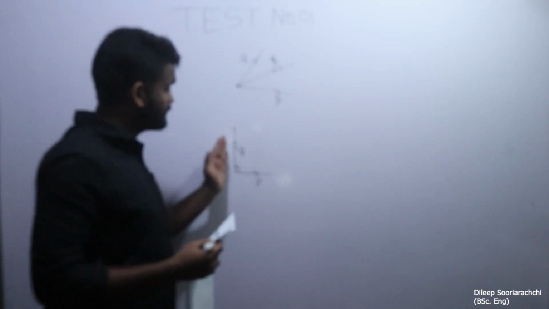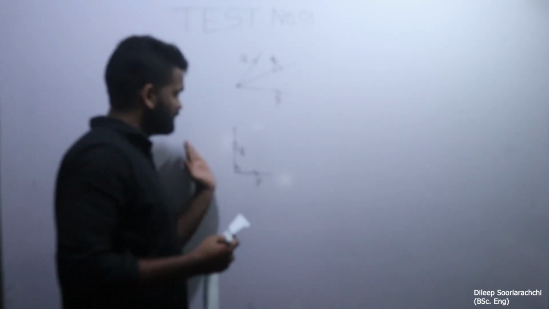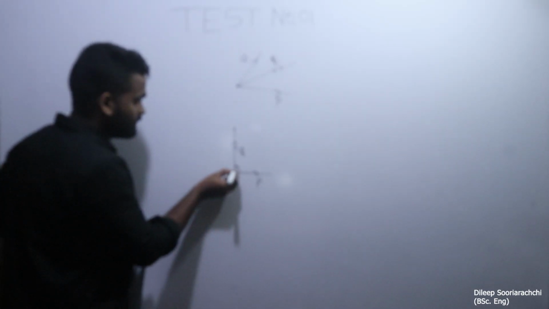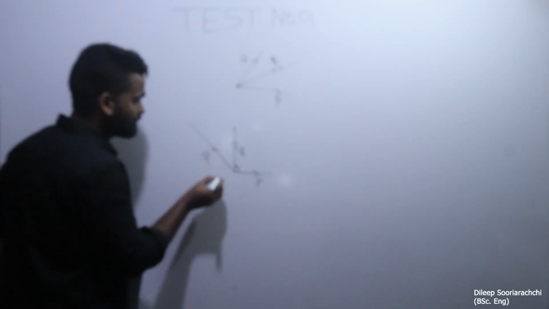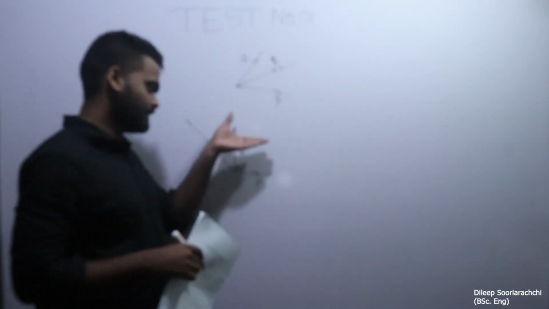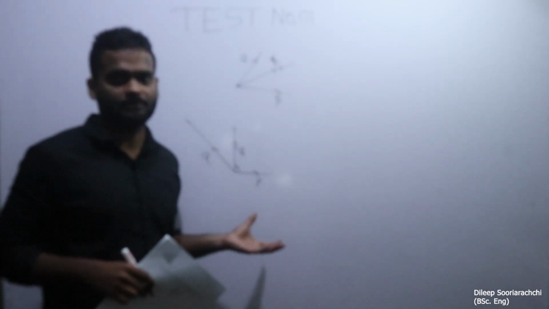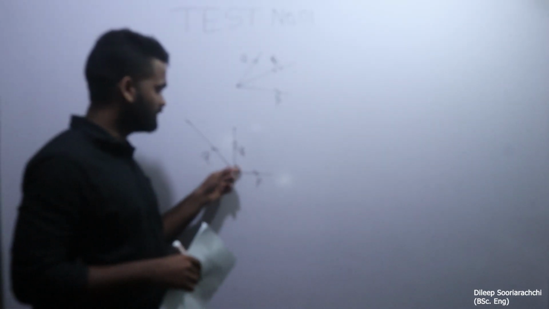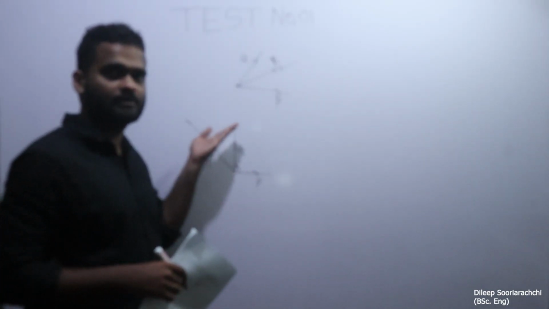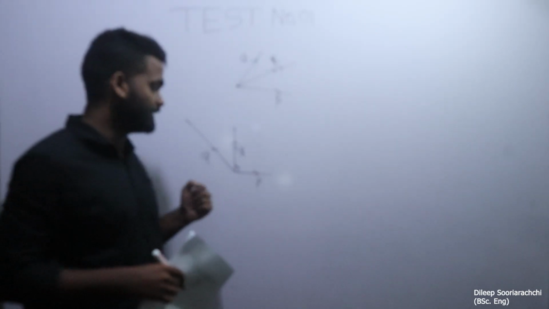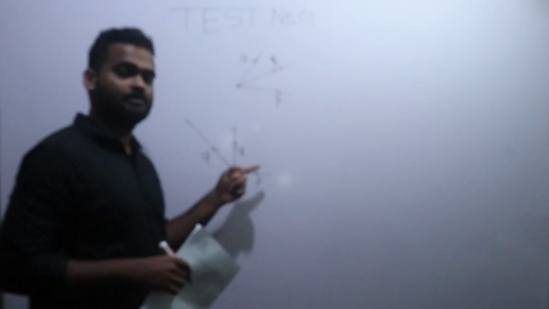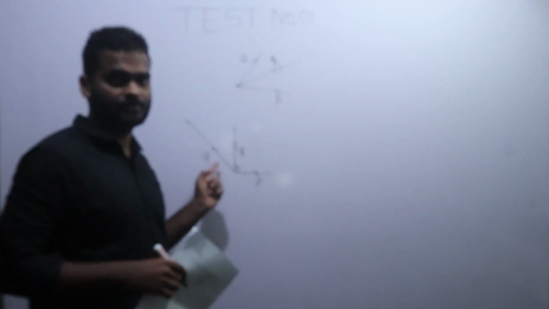Because the resultant should go in between those two velocities, P and Q. So let's say that the Q vector is like this. Then this is the only way that this could happen. If the resultant should be normal to one of the velocities, this is the only way that could happen. So the angle between the velocity vectors is obtuse, as you can see.